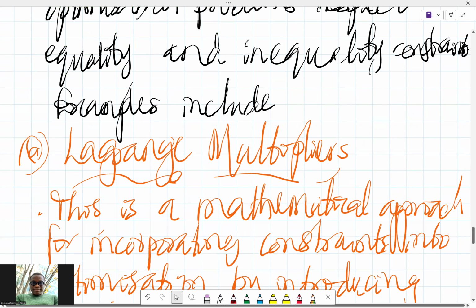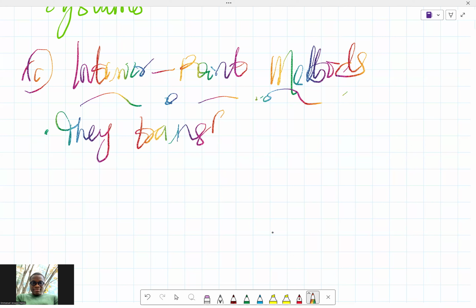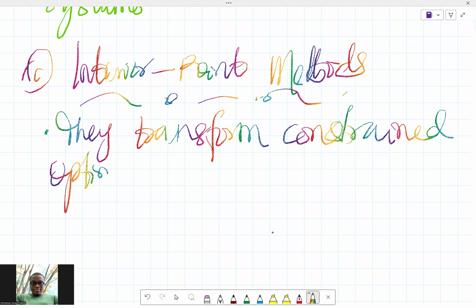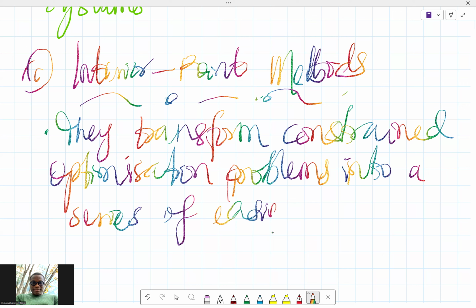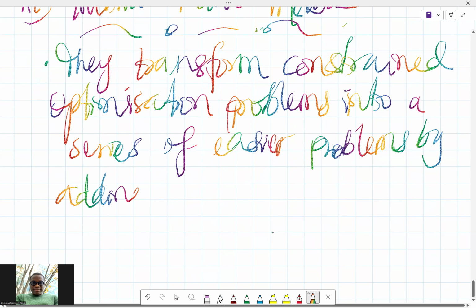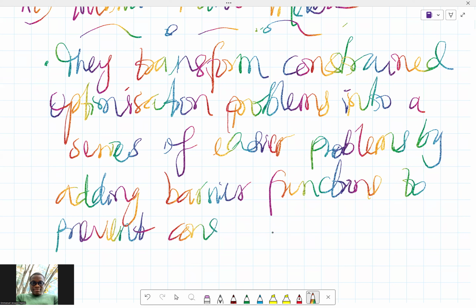So what do interior point methods do? First, they transform constrained optimization problems into a series of easier problems by adding barrier functions to prevent constraint violations.